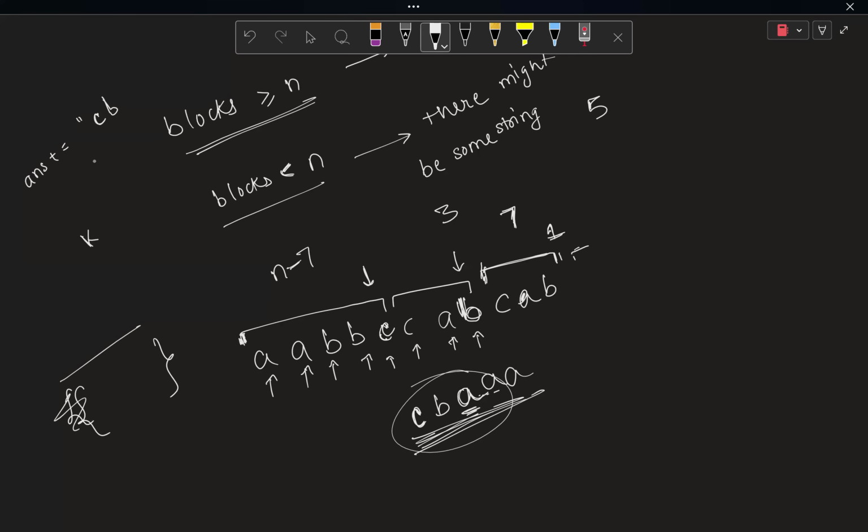At the end of the day, the size of the string answer would be nothing but equal to the number of blocks.